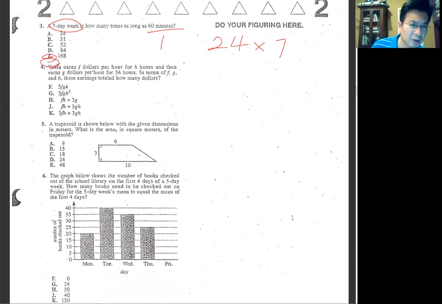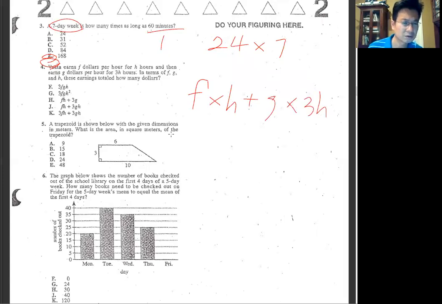Next, F dollars per hour for H hours, then G dollars per hour for 3H hours. So F dollars times H hours plus G dollars times 3H hours. So J.